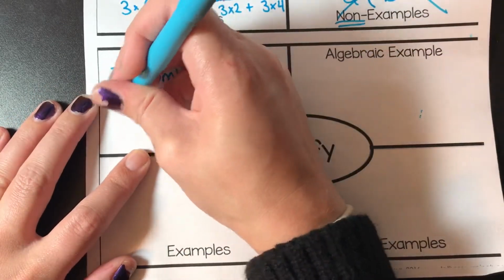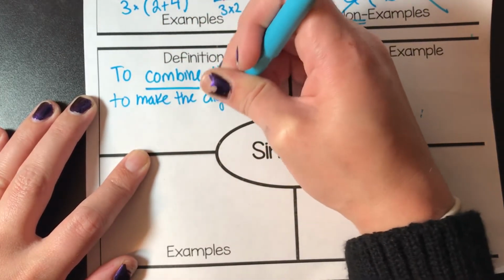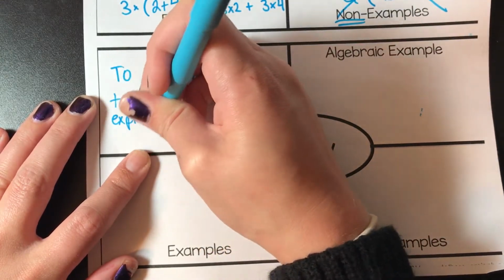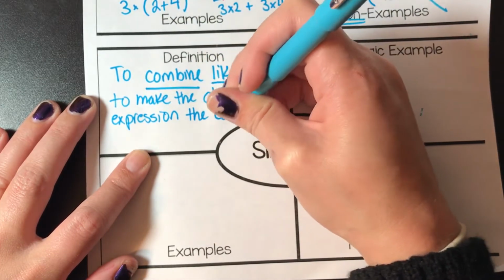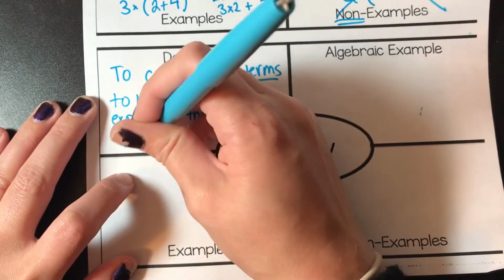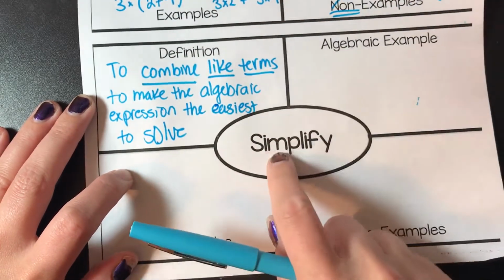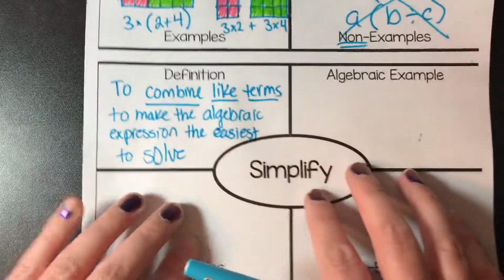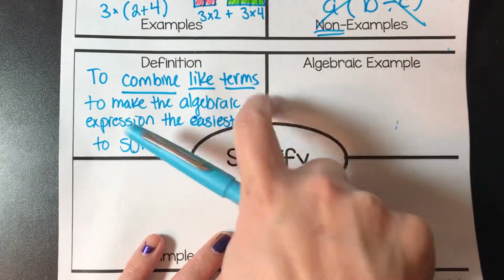Or it also means to make the algebraic expression the easiest to solve. I know I said the E word, but really when you simplify, kind of like this up here, it's condensing it down. It's making less work for you. Kind of like organizing, beginning with the end in mind, organizing something first before you dive into the math.